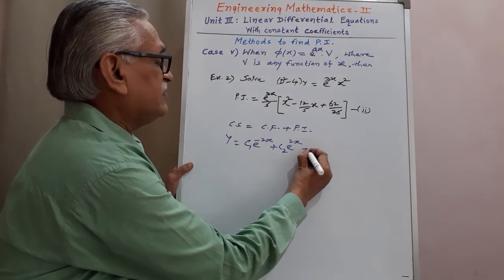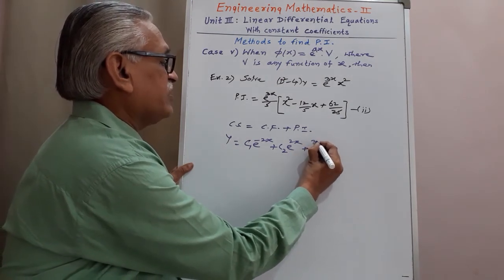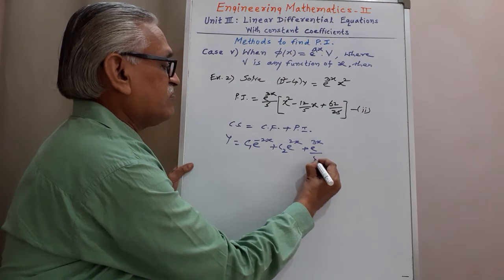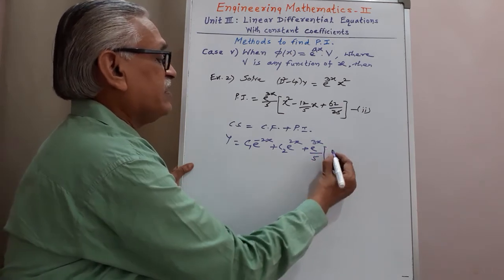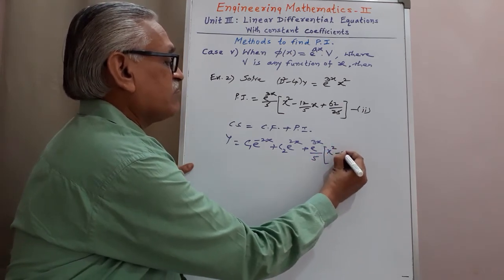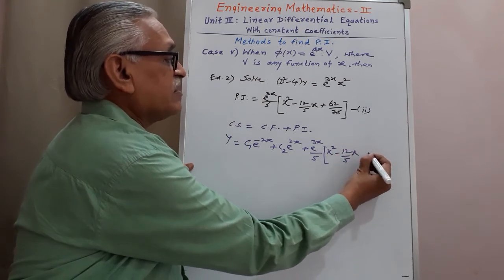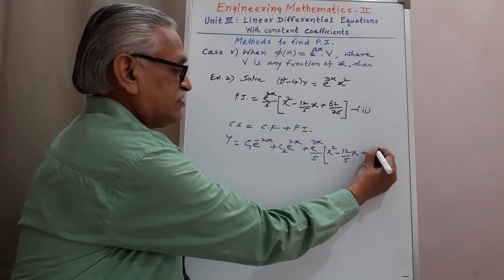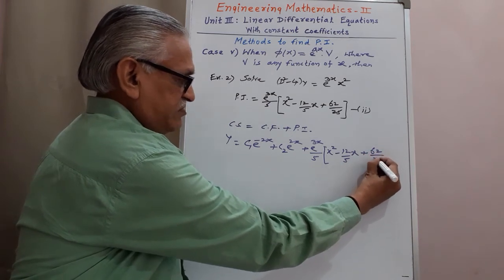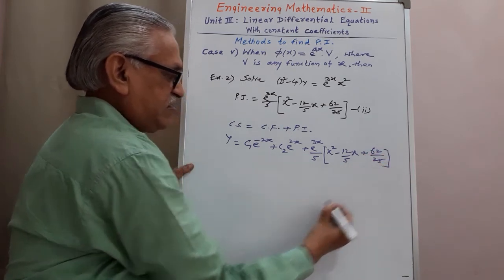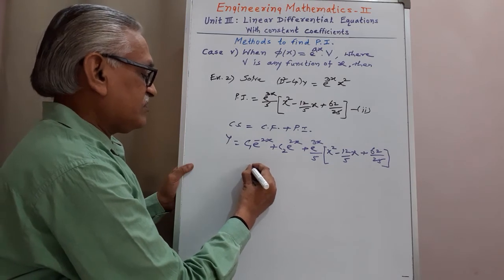PI is e raised to 3x by 5 multiplied by (x square minus 12 by 5 times x plus 62 by 25) as the required solution.